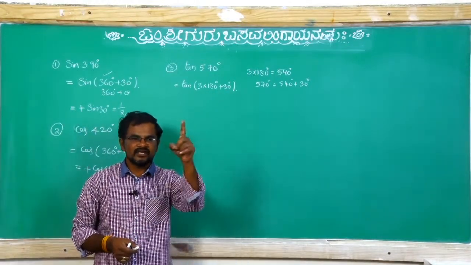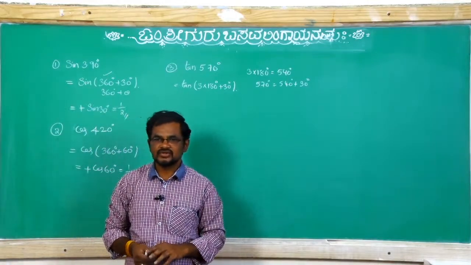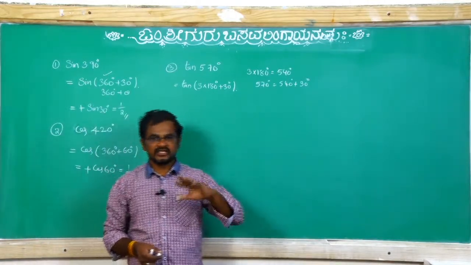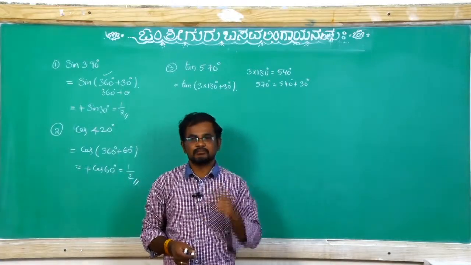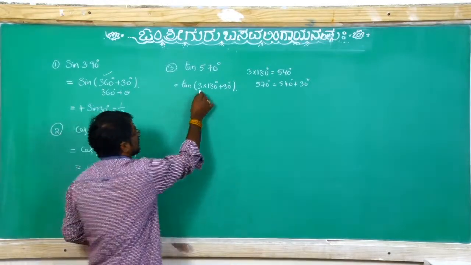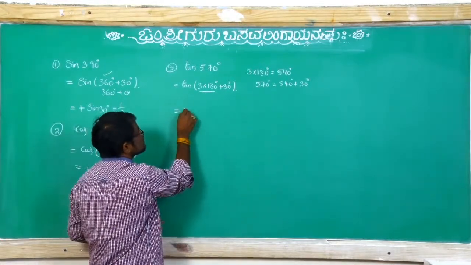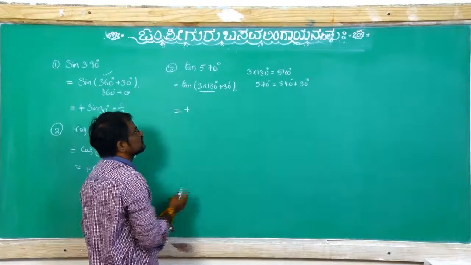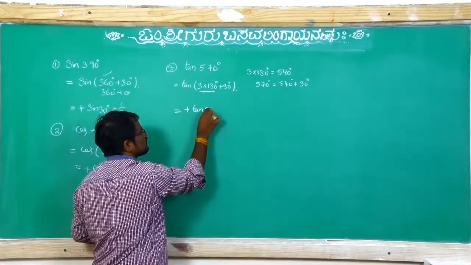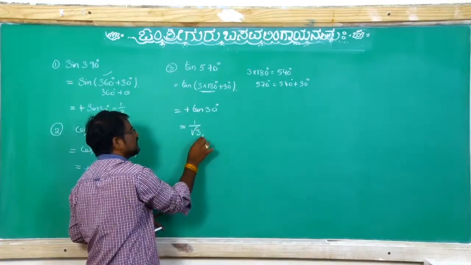Odd multiple of 180 means 180, 3 into 180, 5 into 180. Odd multiple of 180 plus, which quadrant? Third quadrant, because plus is there. So third quadrant tan is positive. At 180 tan does not change. So what will we get? Tan 30, that is equal to 1 by root 3.